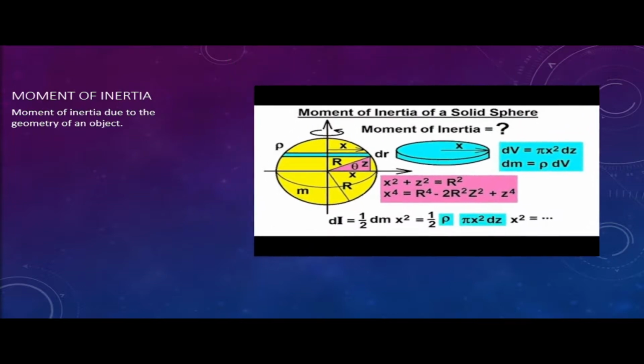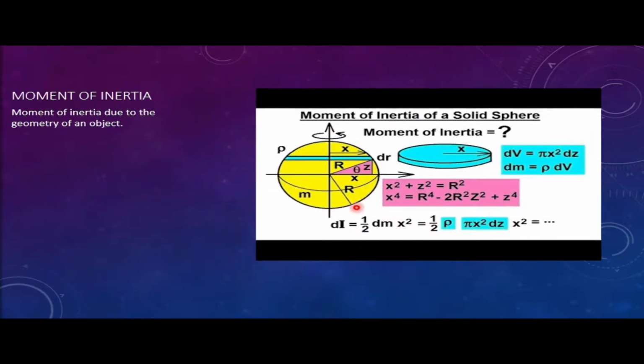For the Earth, it is a solid sphere, just like this, and it has three axes, namely the X, Y, and Z axis, and this one will be our C axis, and this is our thin circular disc. Imagine that we cut the Earth into several pieces, 1,000 pieces of this thin circular disc, whose volume is equivalent to dV, and that is equivalent to pi x squared dz.